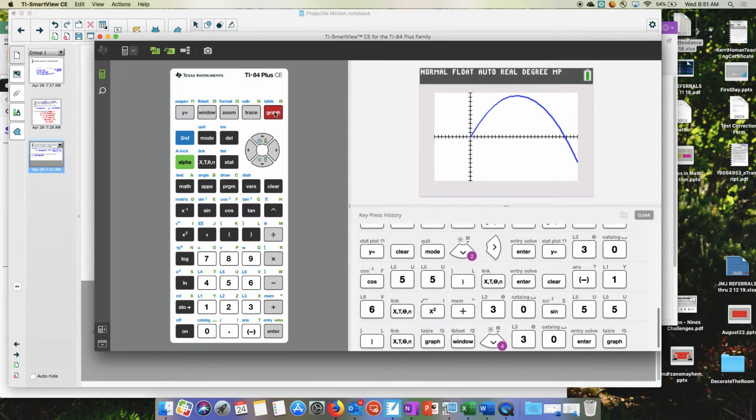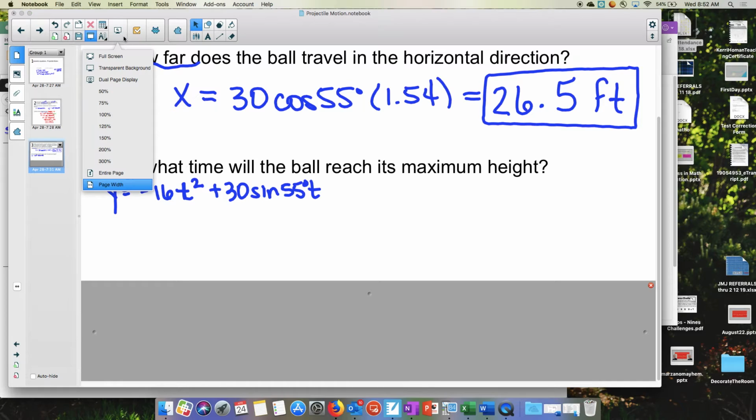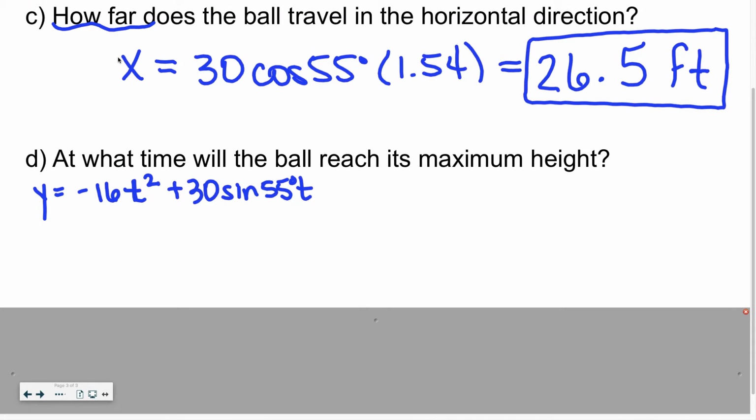Okay, what do we have? A parabola. Okay? What feature of that parabola is going to be where it reaches the maximum height? The vertex. Okay? So let's go old school here. Let's flash back to Algebra 2.